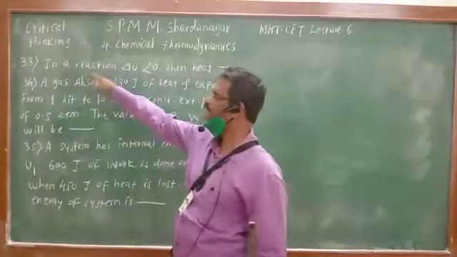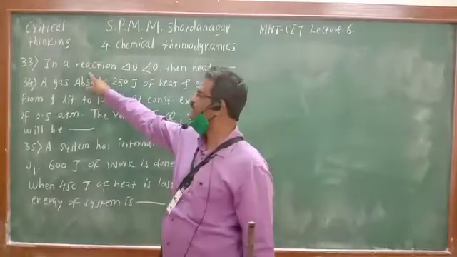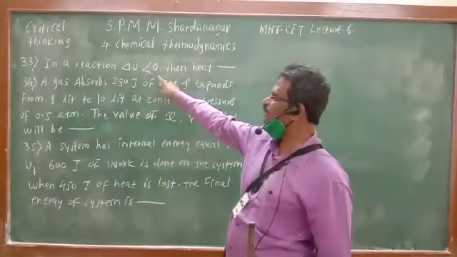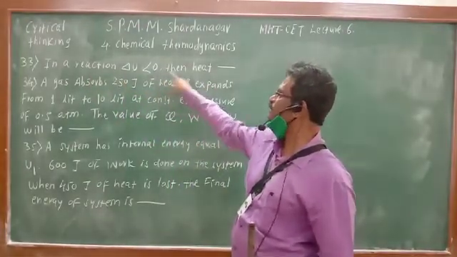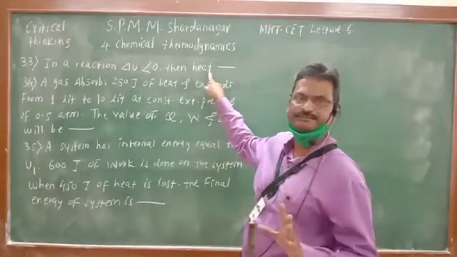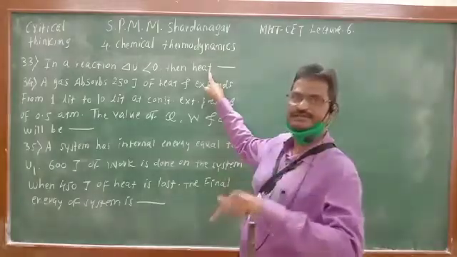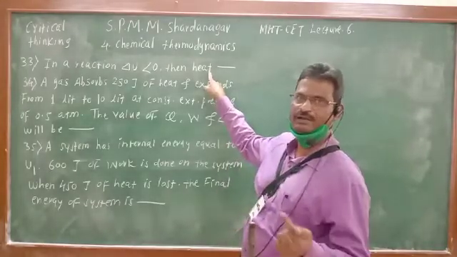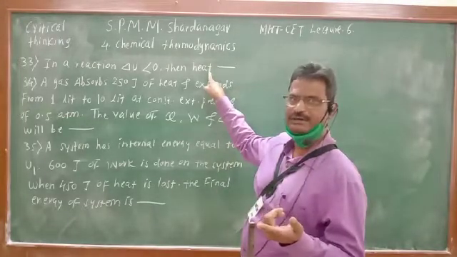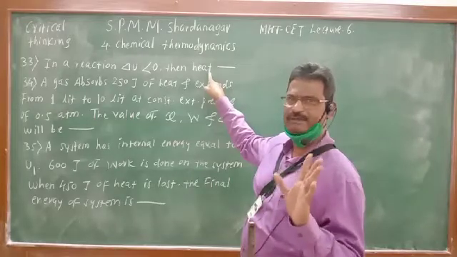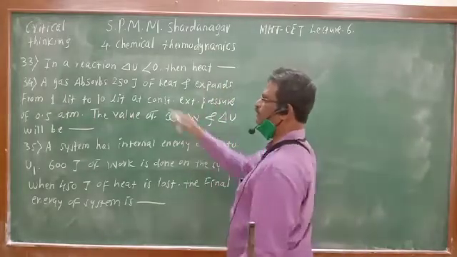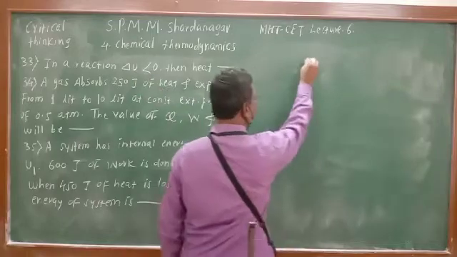Critical thinking. Question number 33. In a reaction, delta U is less than 0. Then the heat is. See here we have to study whether heat is lost or absorbed or no change or abnormal. Whatever that may be, that we have to find out. So let us consider the reaction.